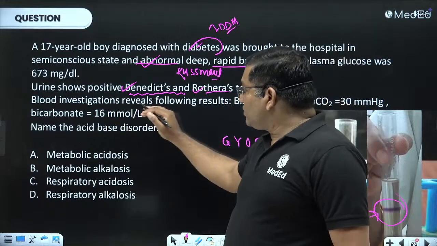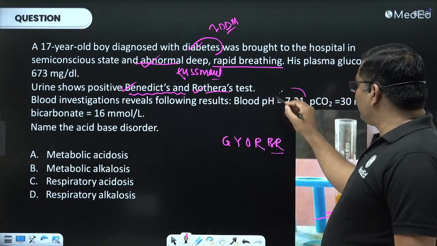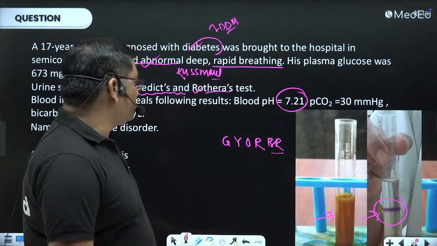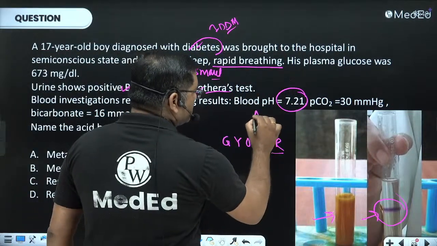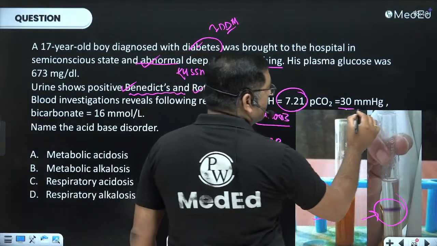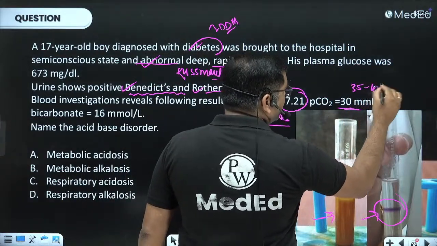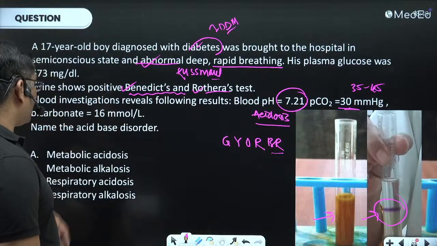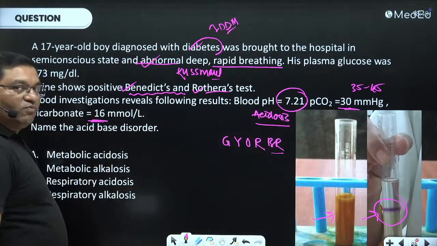The blood investigation reveals the following results: blood pH 7.21. Anything less than 7.35 is acidosis, so this is acidosis. Partial pressure of CO2 is 30 mmHg. 35 to 45 is the normal range, so there is a decrease in the partial pressure of CO2. The bicarbonate level is 16 millimole per liter.